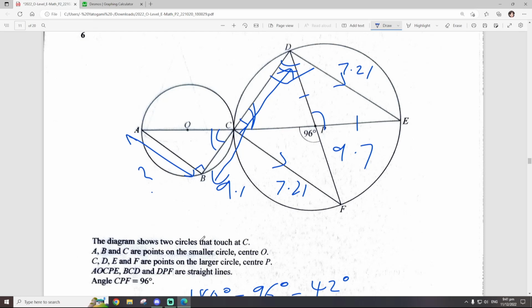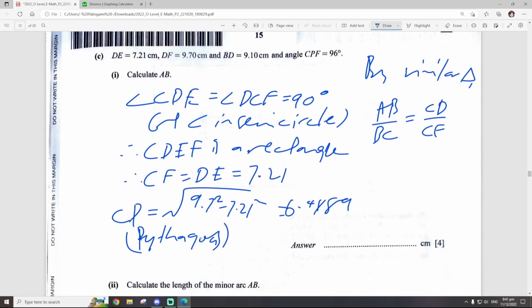Okay. So AB is BC times CD, divided by CF. BC is BD minus CD. So 9.1 minus 6.4889, well, that's going to be a bit long to write here. AB is 9.1 minus 6.4889, times 6.4889 again, then divide by CF, which is 7.21.